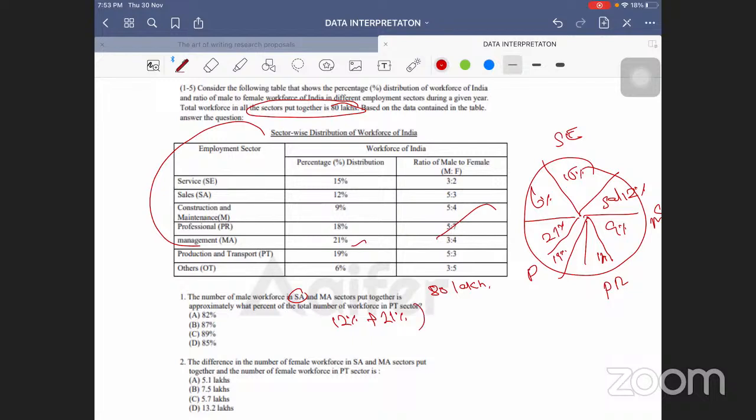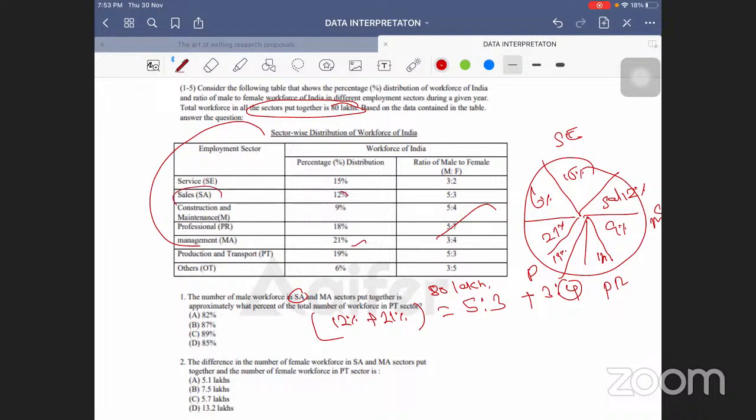First we need their male and female ratio: SA is 5:3 and MA is 3:4. So first, what is the total percentage of SA?